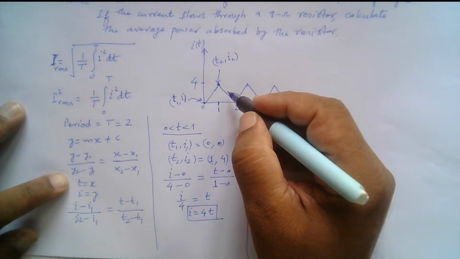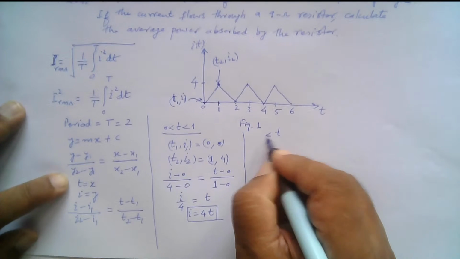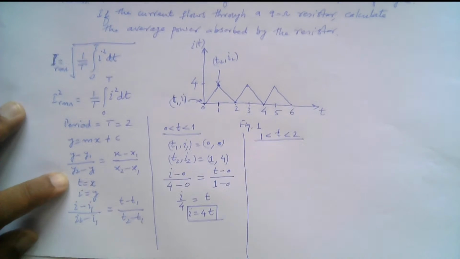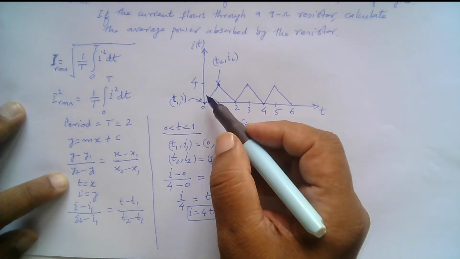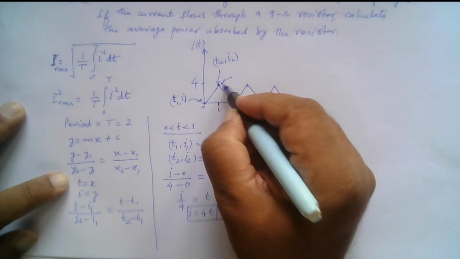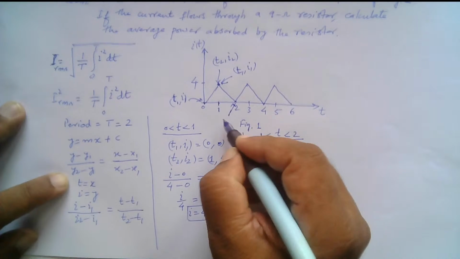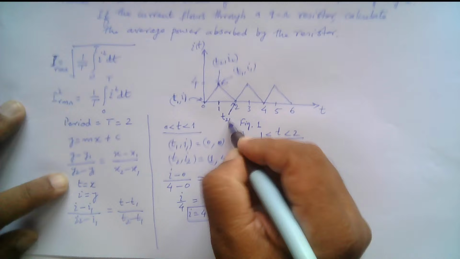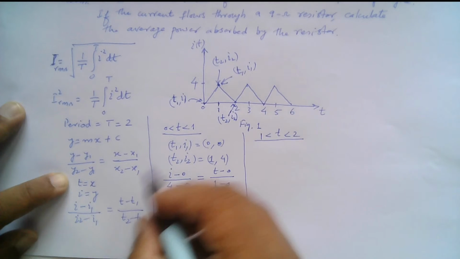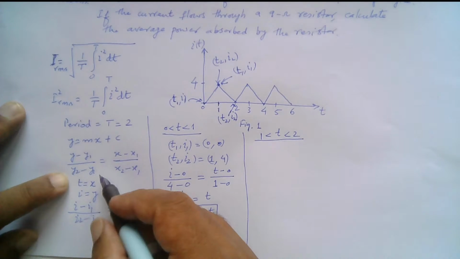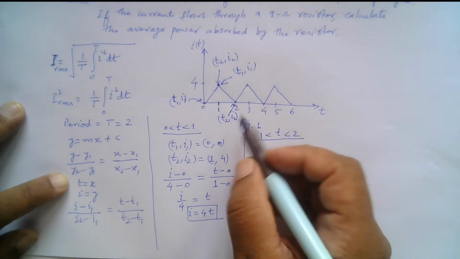Now let's find the equation for this other line segment, for T greater than 1 and less than 2. Now we need to change the roles. We call this point T1 comma I1, and we call this point T2 comma I2, corresponding to x2 comma y2. So again, we need to substitute these values of T1, I1 and T2, I2 in this formula.